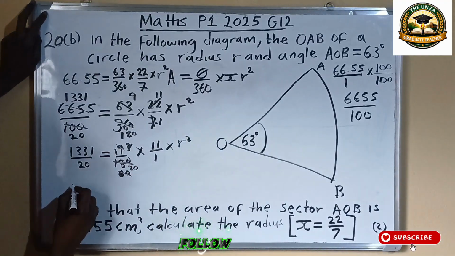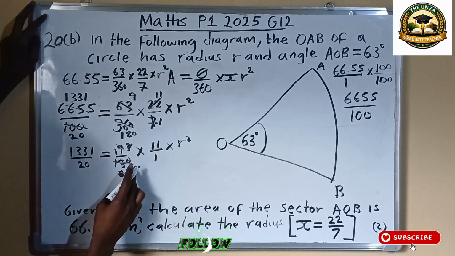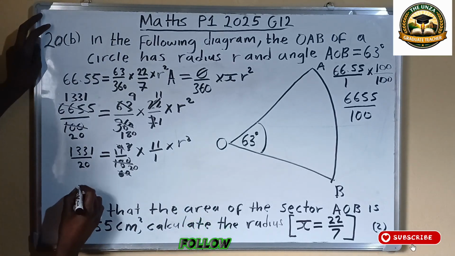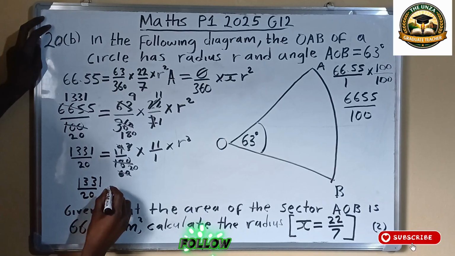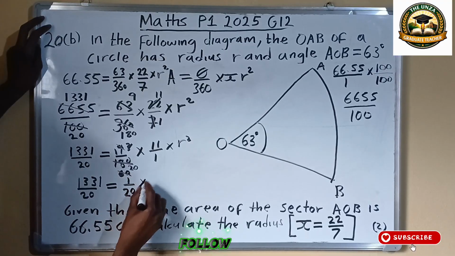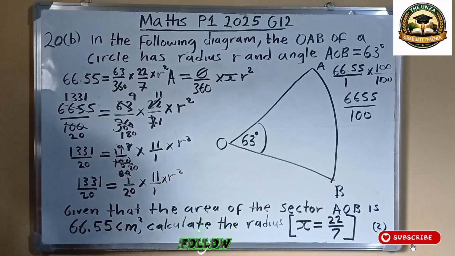So the equation will be 1 over 20, the way it is. Then it will be 1331 over 20 equals 1 over 20 multiplied by 11 over 1 multiplied by radius squared.